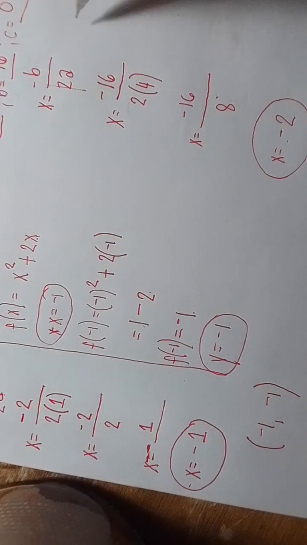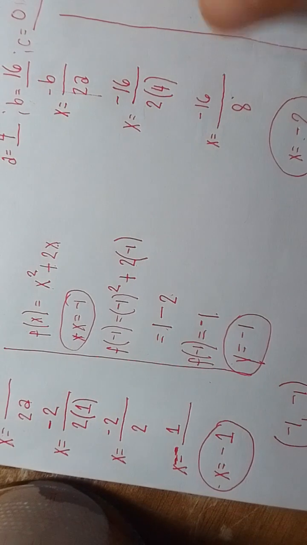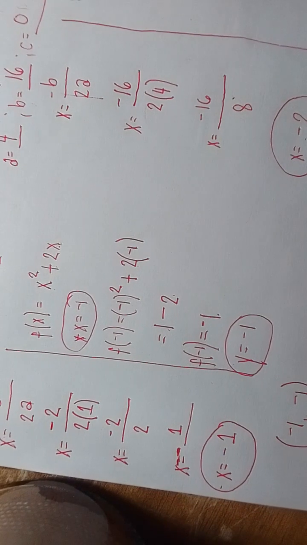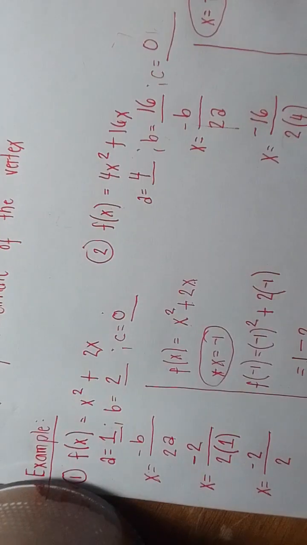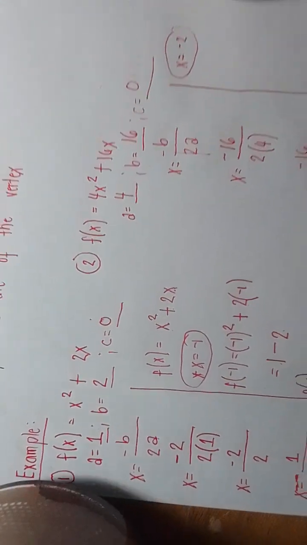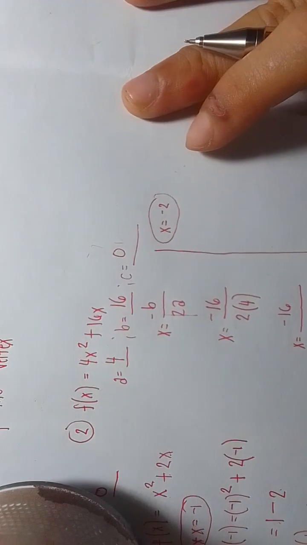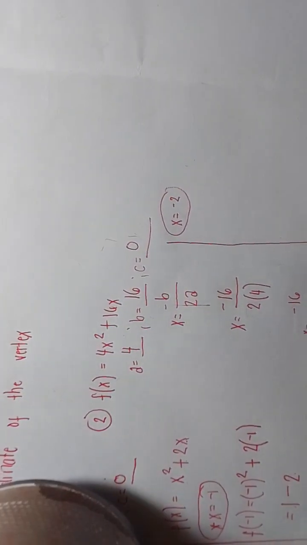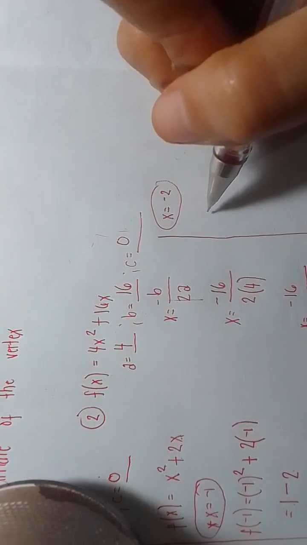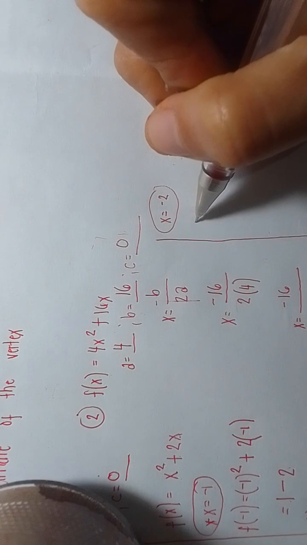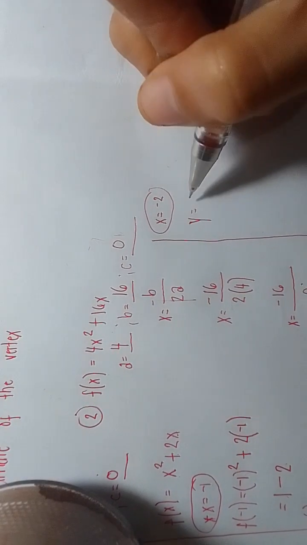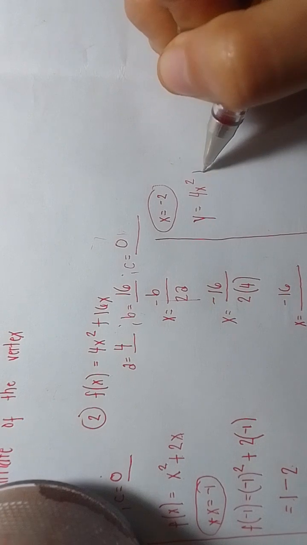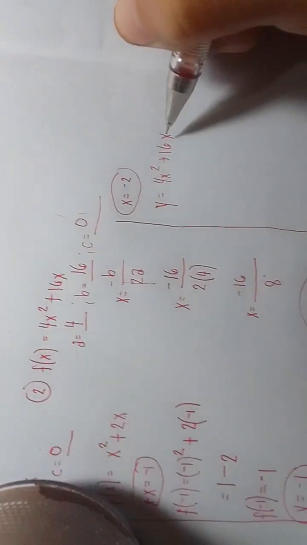We will now proceed to the value of the y-coordinate using the x-coordinate we found. We will substitute it into the given equation. The given equation is f of x or y equals 4x squared plus 16x.